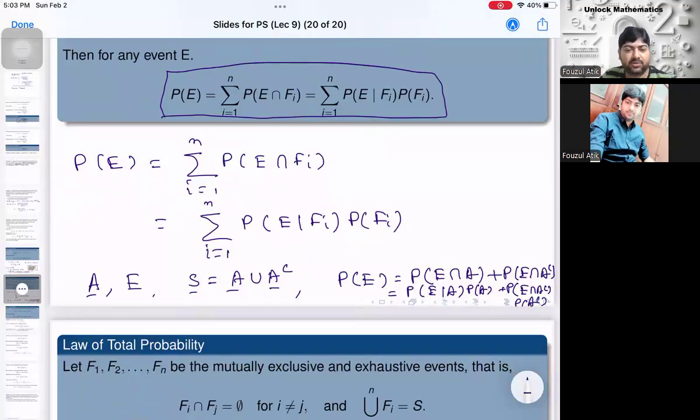Right? So we can also apply the law of total probability with just two events. For any event we can find its probability with the help of another event by taking A and A complement as mutually exclusive and mutually exhaustive events. Clear?